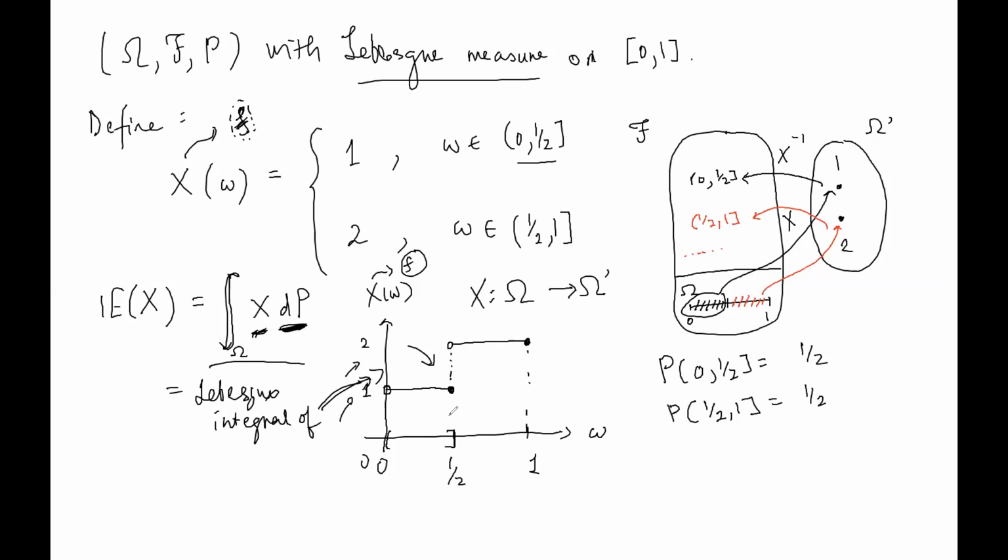This is very easy to do because the Lebesgue measure is, you find, for this set, since you're applying a Lebesgue measure on it, the measure is 1/2, and you multiply with the height here.